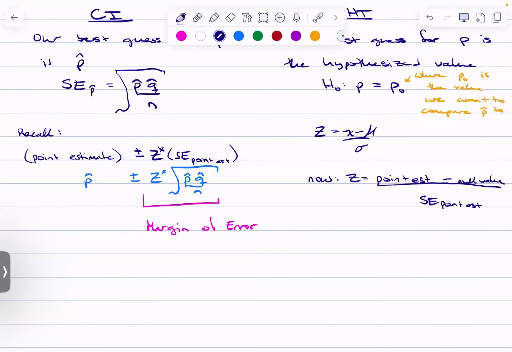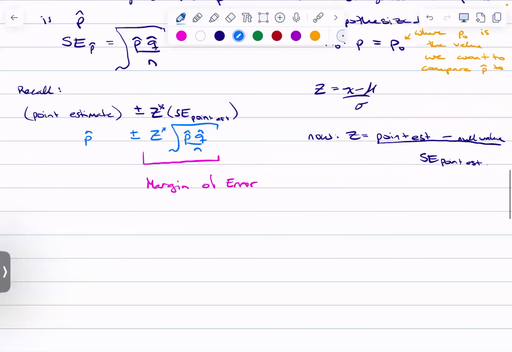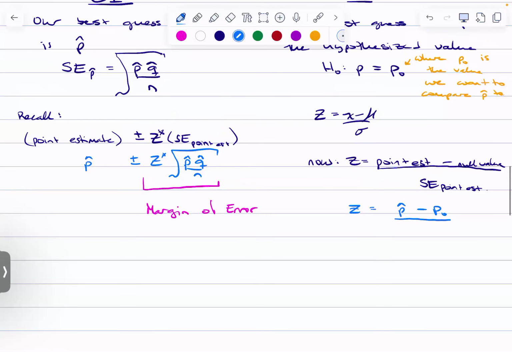How far is my p hat, that's my point estimate? So in this case, Z is going to be p hat, minus p naught, my hypothesized value. How far is it from 0.15, taking into account our standard error of the point estimate?